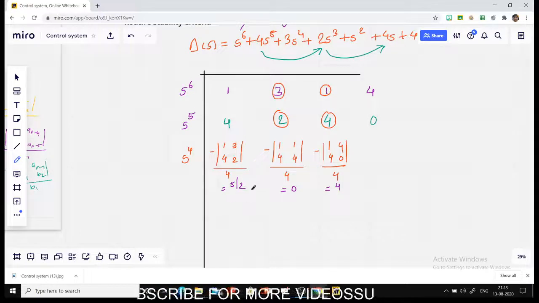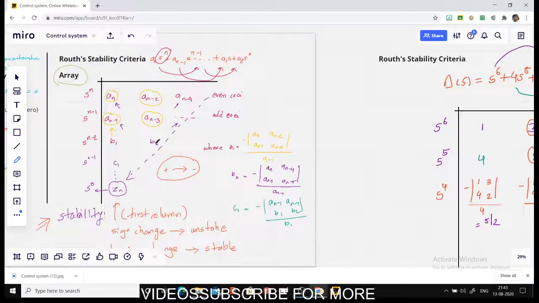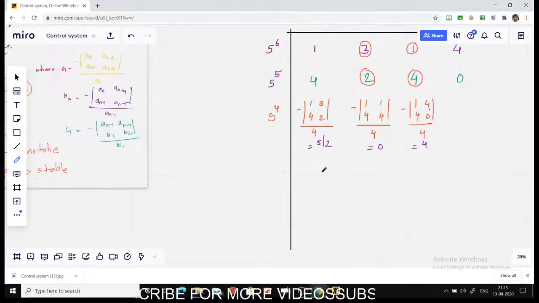Now we will use these terms as b1, b2 and b3. Remember, in the previous video we calculated these b1, b2, b3, and you can use these terms for further values.